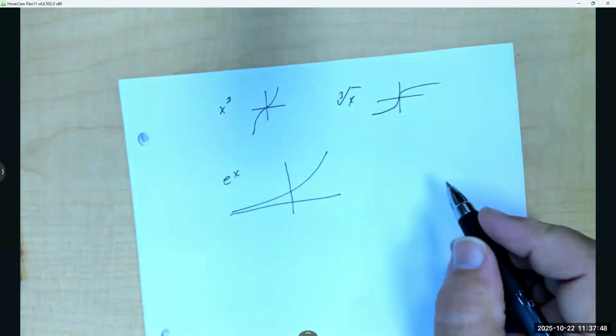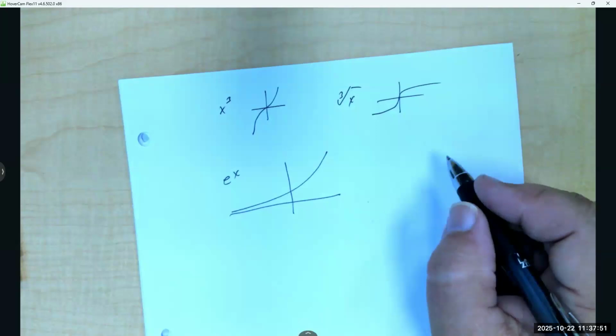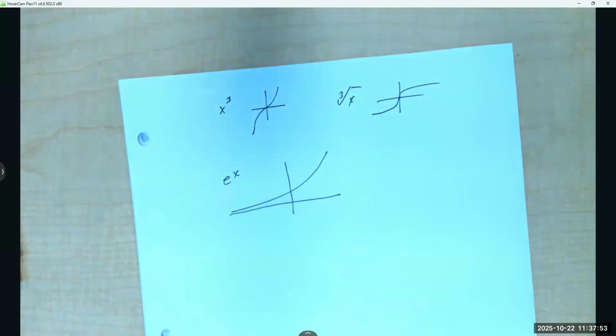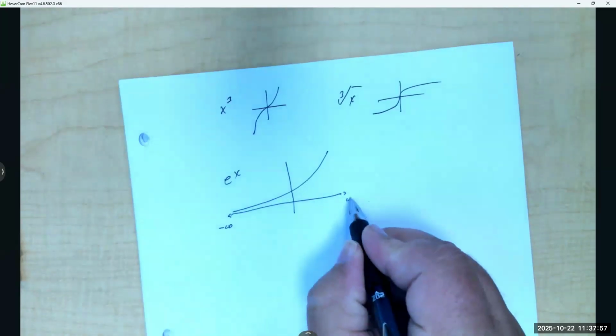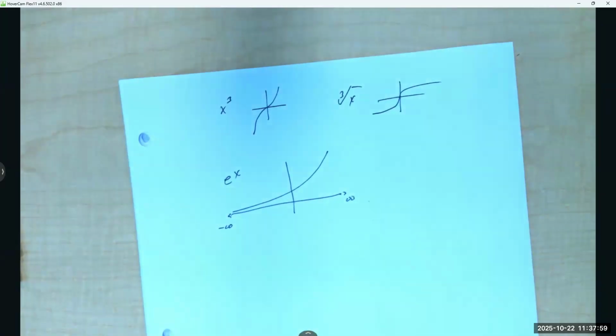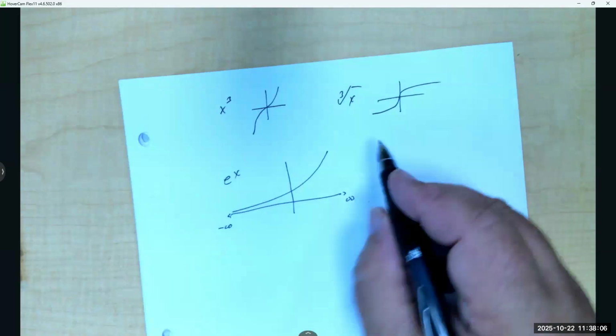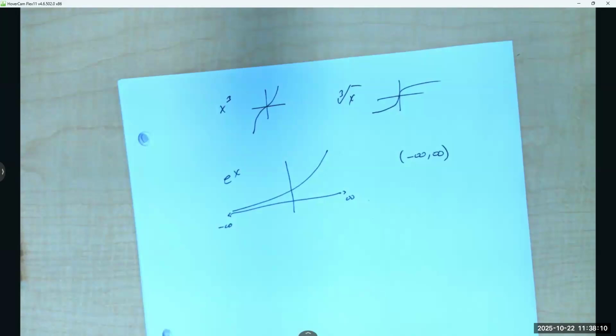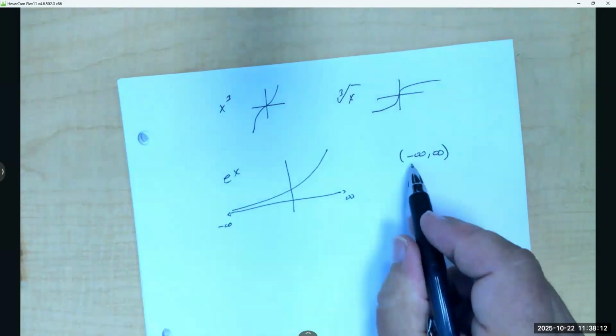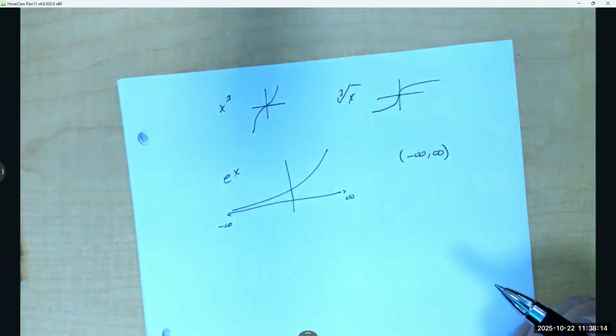You're thinking square root. The exponential function goes on from negative infinity to positive infinity. Well, we know that because what's the domain of the exponential function? Can we have from negative infinity to positive infinity?